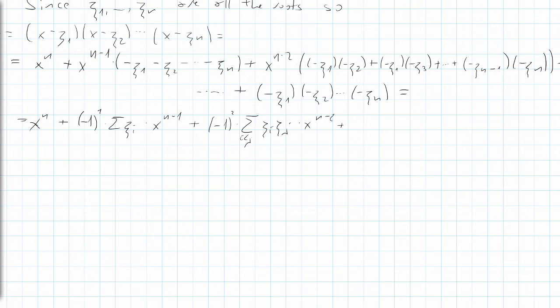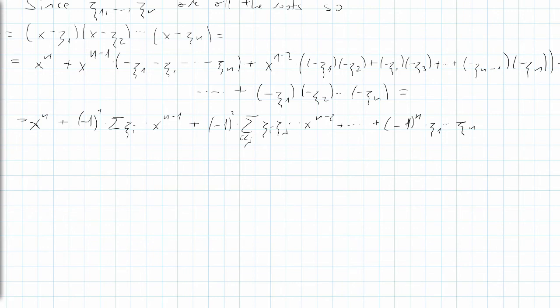And so on. Finally, the constant term: we have n times minus 1, so it's minus 1 to the power n, times the product xi 1 through xi n.